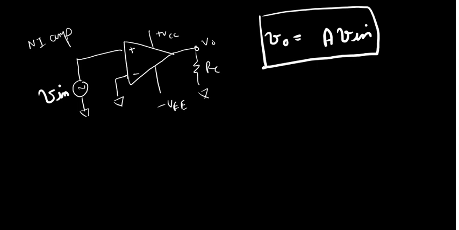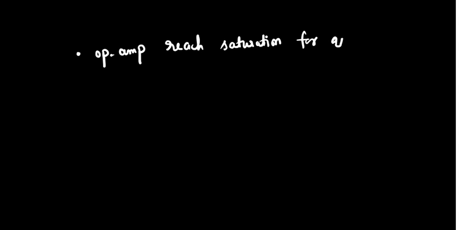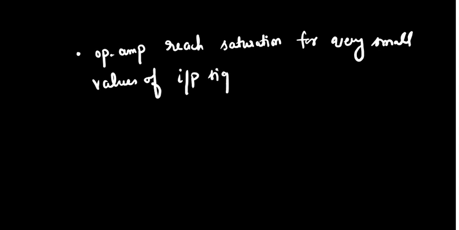What we have observed from these two examples is that our op-amp reached saturation even for very small values of input signals, right? With millivolts it will certainly happen, with microvolts it was okay.